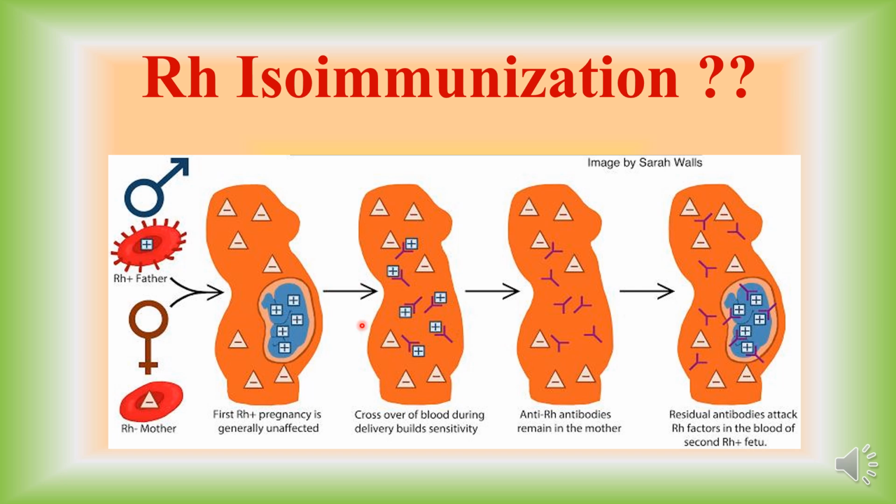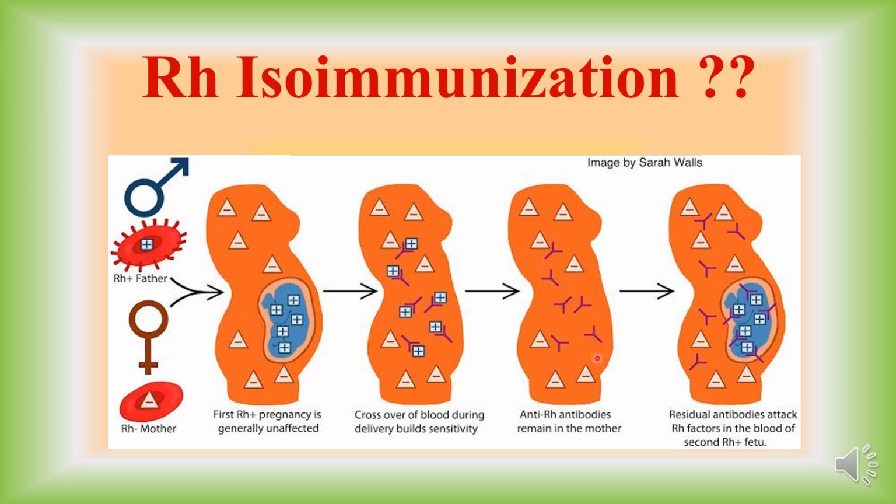In the first pregnancy, the blood from the fetus enters the mother during childbirth, and this leads to formation of Rh antibodies in the mother. So these antibodies are formed against the Rh positive blood group and they stay in the mother's circulation.